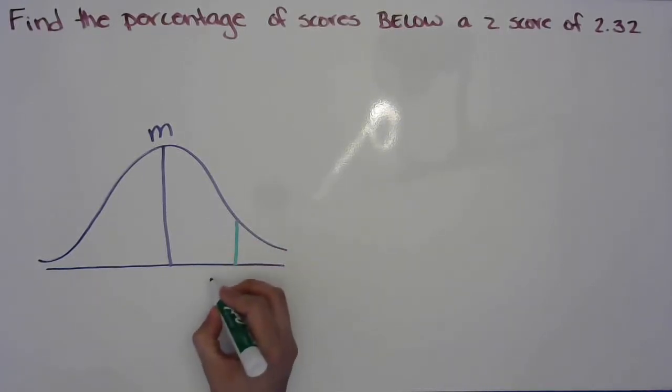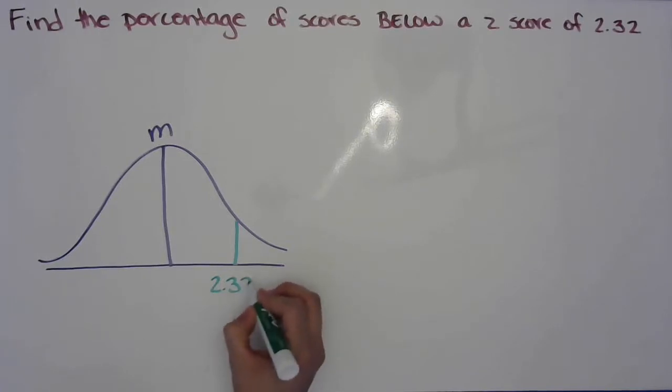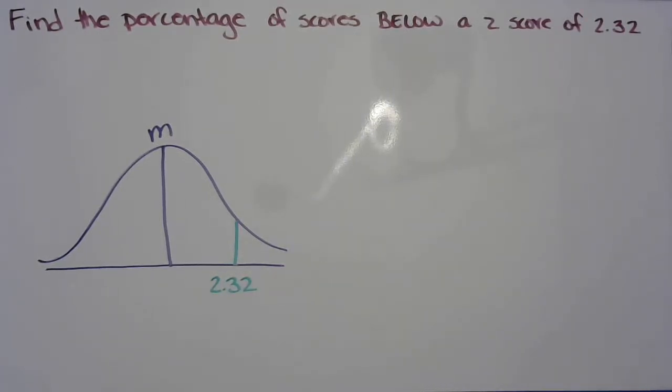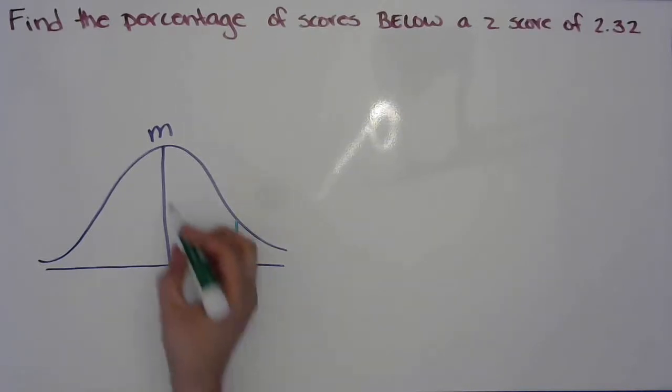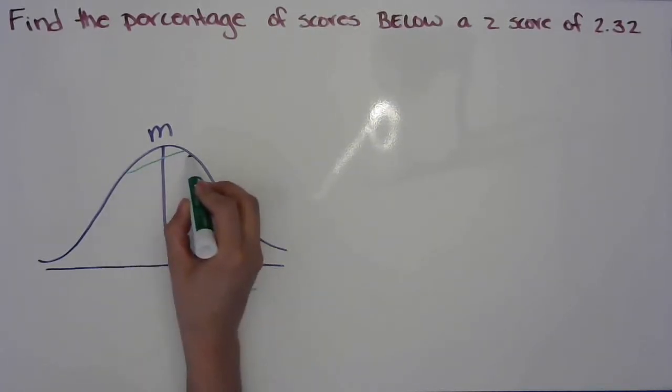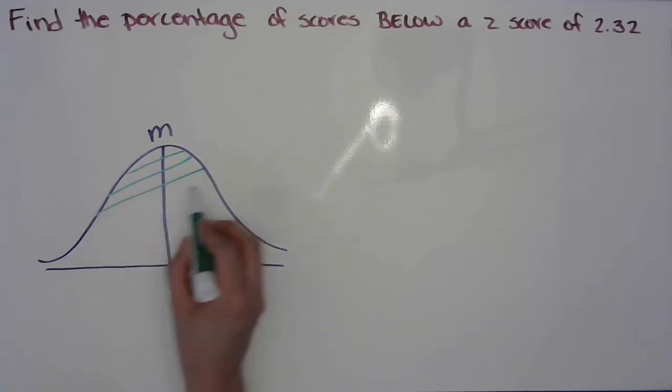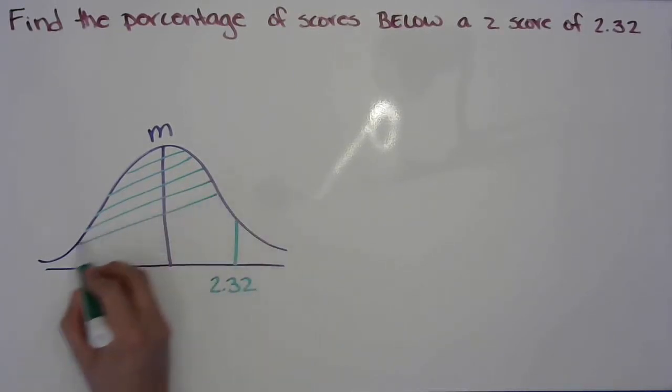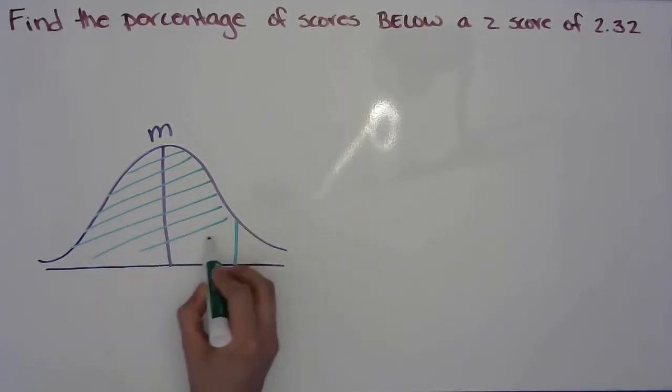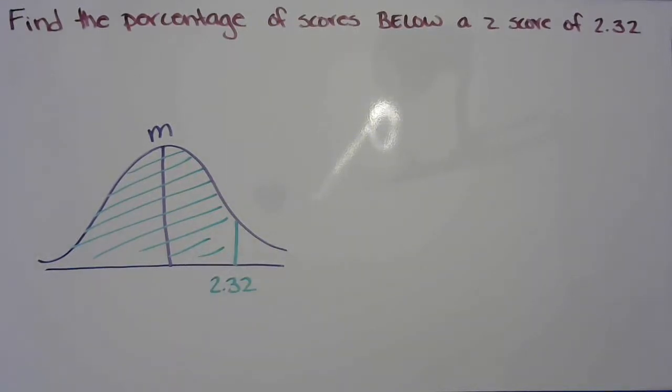So we've got a 2.32 for the z-score. Now we are looking for the percentage of scores below that z-score. So we are going to be looking for everything below that z-score, this entire area. There we go. Okay, now let's find our percentage.